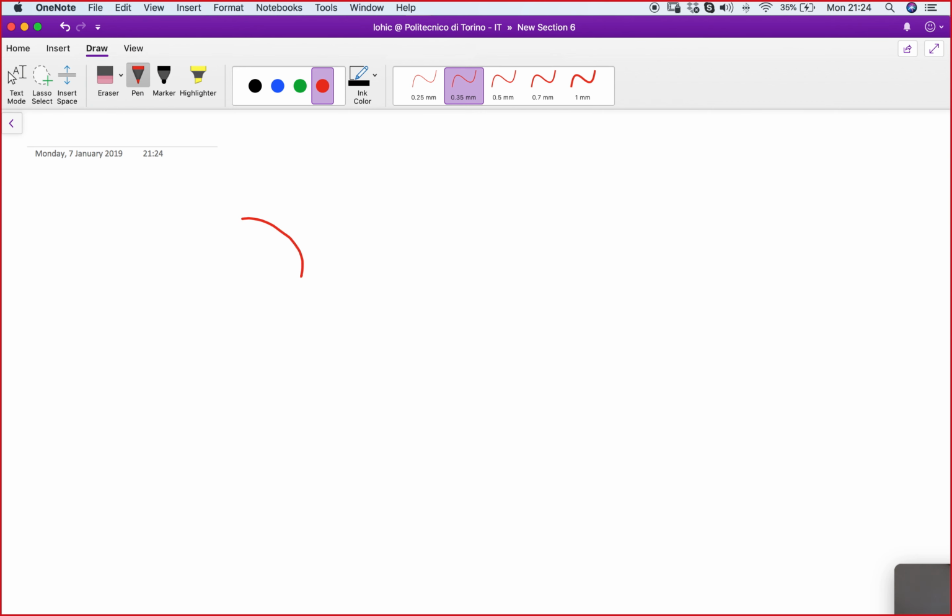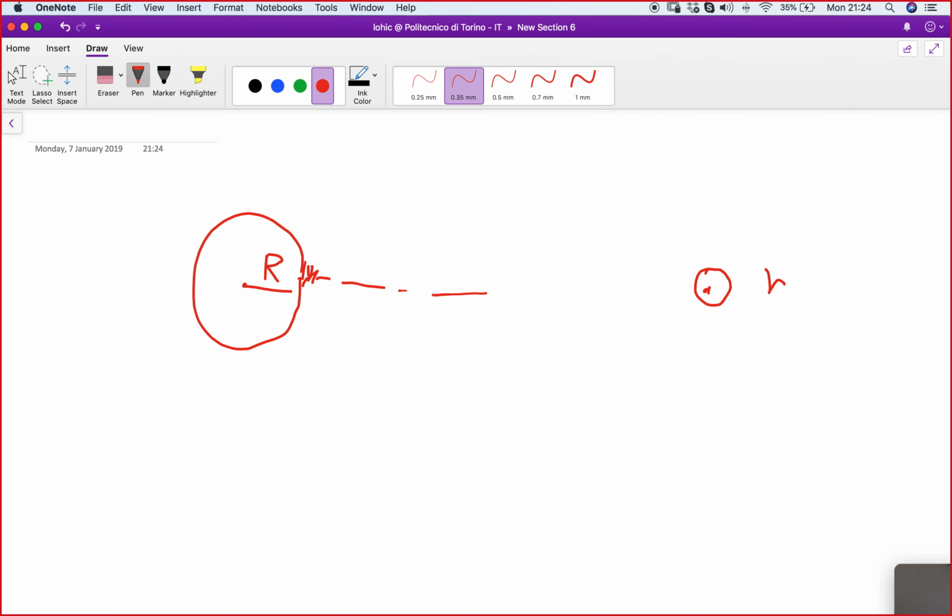You have a spherical conductor like this, with radius, let's say, big R, and here I put another spherical conductor with radius small r, and then I connect the two conductors together to make a single conductor.